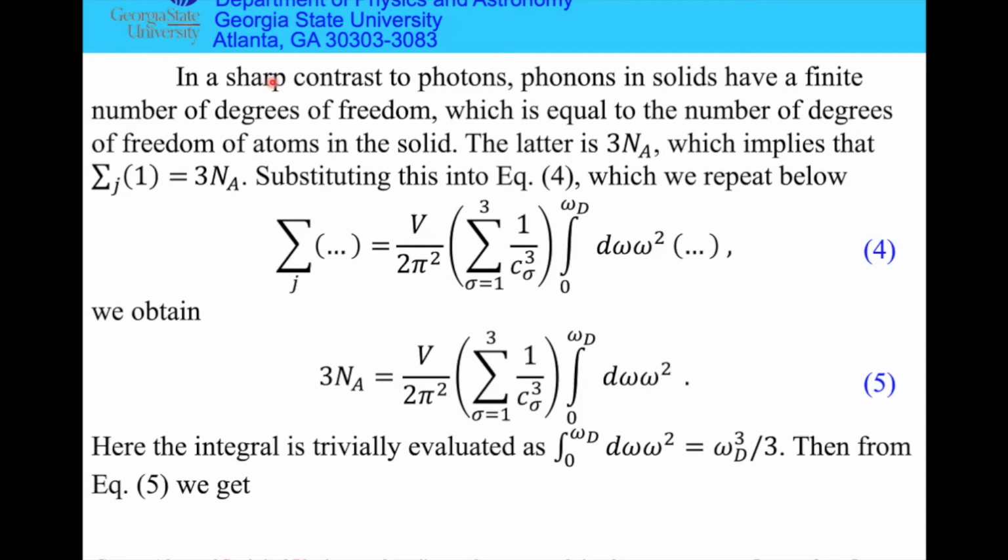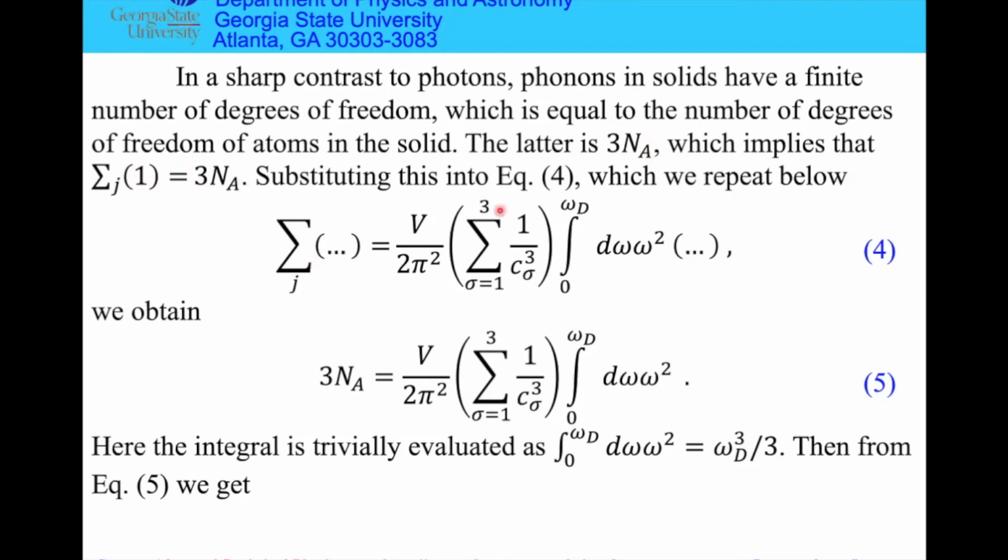In a crystal, the total number of vibrational degrees of freedom is fixed, is finite. That is equal to the number of degrees of freedom that atoms have, because the oscillations represent the translational motion of atoms. So each atom has 3 degrees of freedom, corresponding to displacements along x, y, and z. So the total number of degrees of freedom of atoms in a solid is 3Na, where Na is the number of atoms. Therefore, if I, by my summation rule, sum 1, I should get 3Na.